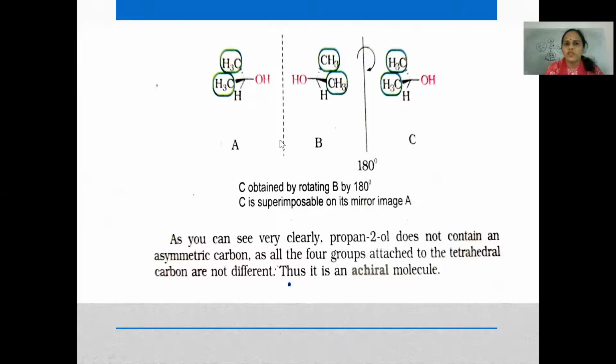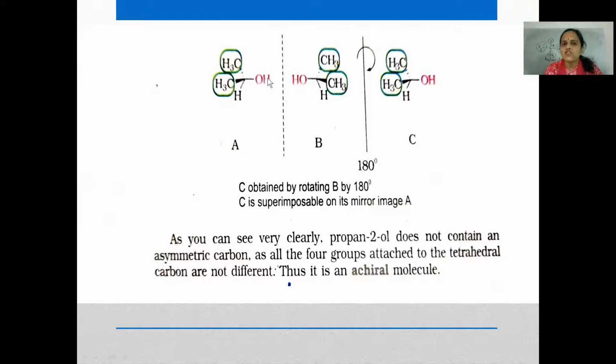If I look into the mirror image, I get B, and this C is obtained by rotating B by 180 degrees. C is superimposable on A. You can see here, CH3 gets superimposed on CH3, this CH3 on this CH3, H on this H, and OH on this OH.